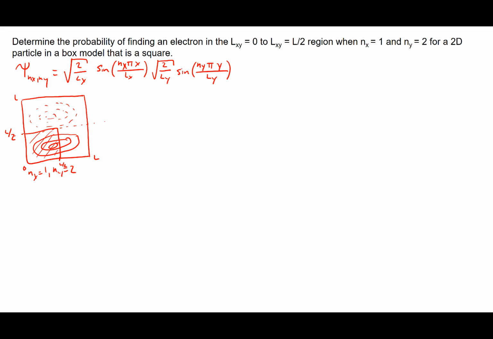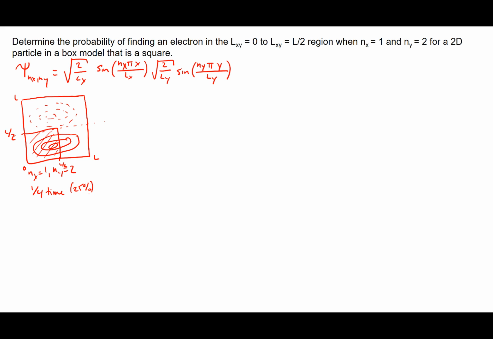So we would only expect to find that electron a quarter of the time, 25% of the time. Optically, we can already tell that's going to be a quarter of the time the electron can be found in that space, so 25%.